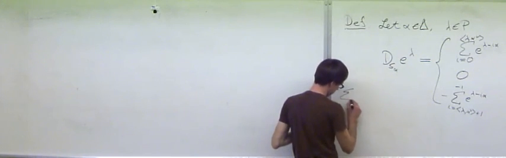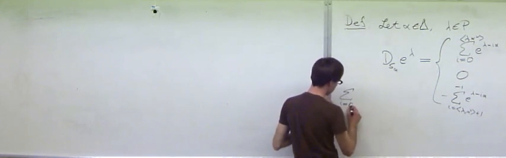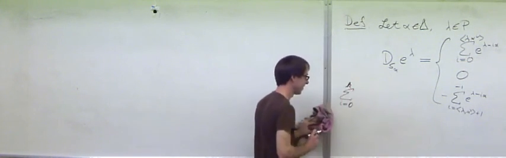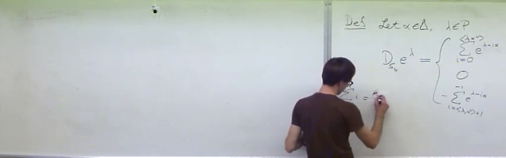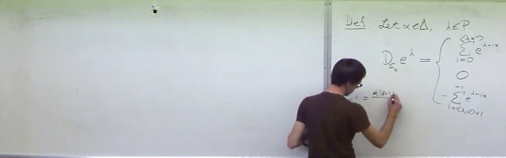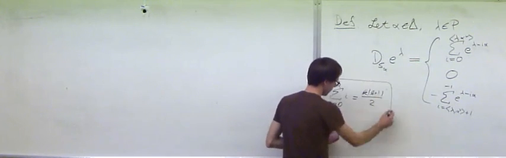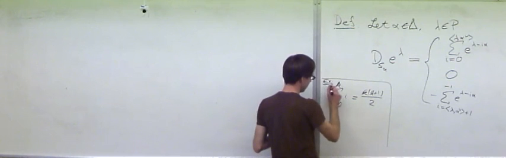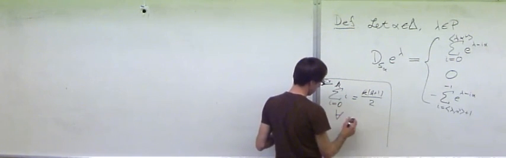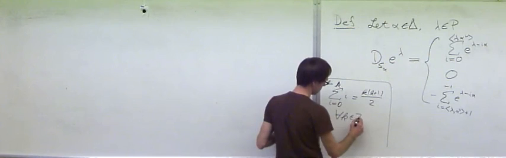Let me tell one funny story. You know this Gauss formula, the sum of i from 0 to k of i, that's k times k plus 1 divided by 2, right? But for which k? That's an exercise: this is supposed to hold for all integers k.